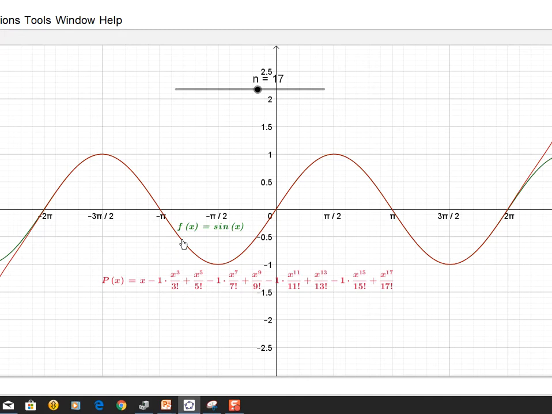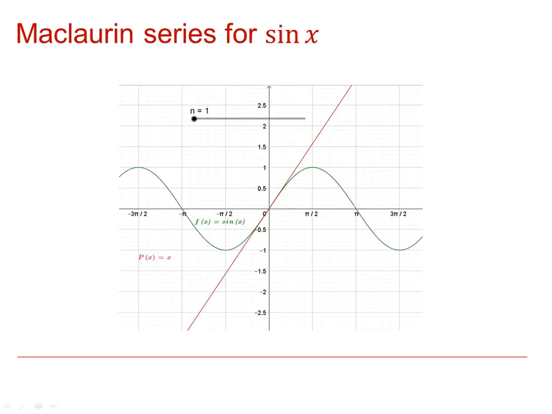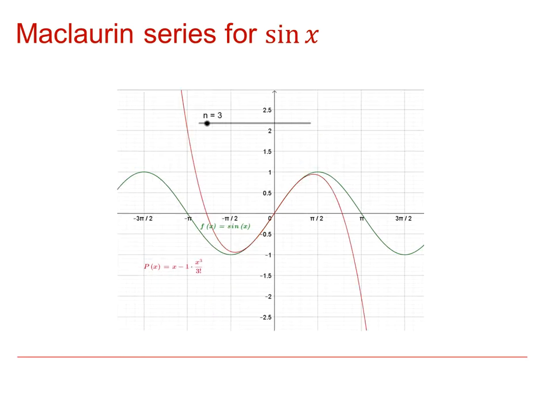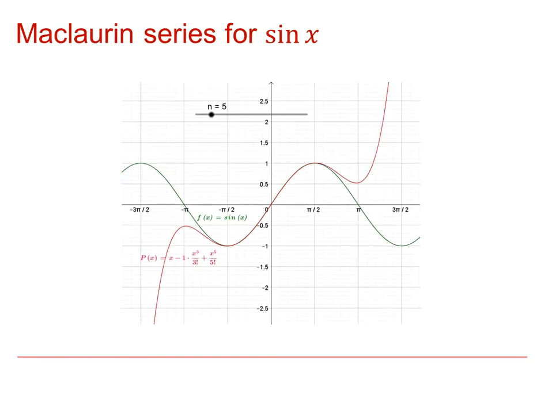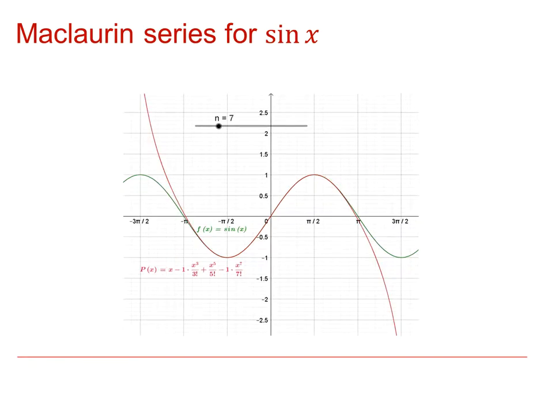So increasing the power of x and looking at the polynomial gives us closer and closer approximations. We've seen how the approximation gets better and better as we increase the powers of x. And this is just the first few of them, up to x to the power 5, and then the next one x to the power 7.